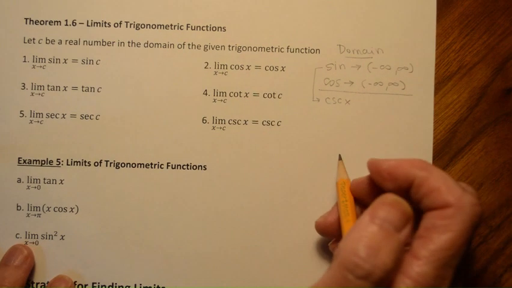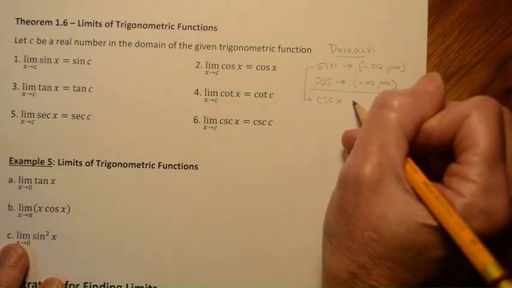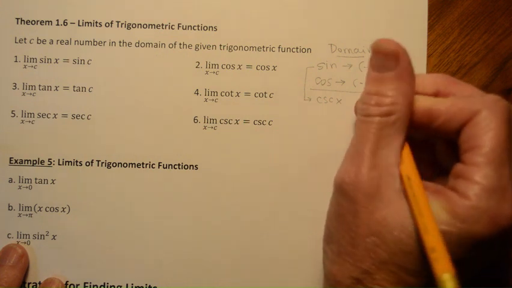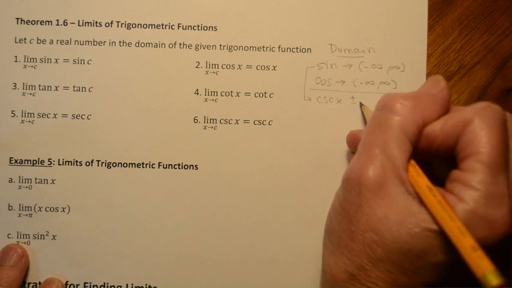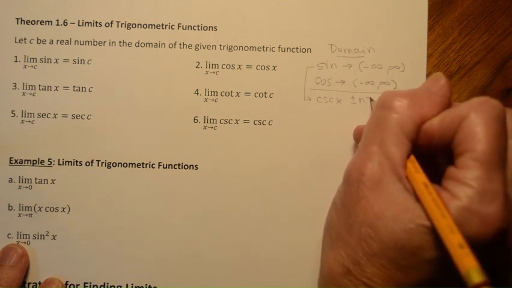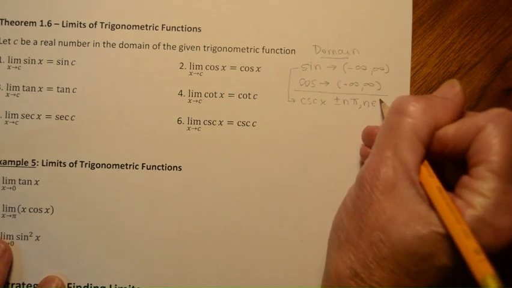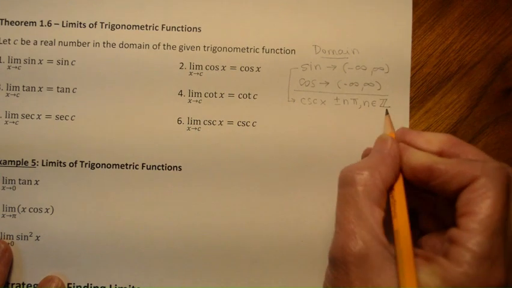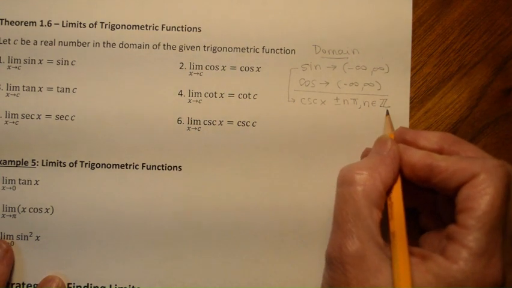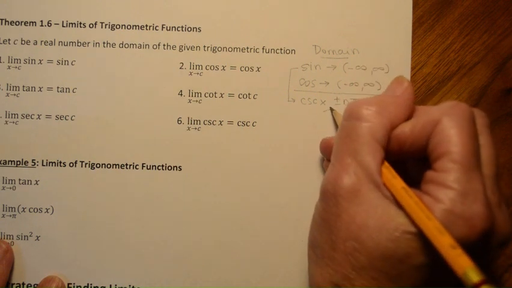What we talked about in class today was that the problem spots are going to be at plus or minus n pi, or pi n. Let's go with n pi. And we said n is an element of the integers. And again, that funny looking Z there stands for the integers. So these are the problem spots.